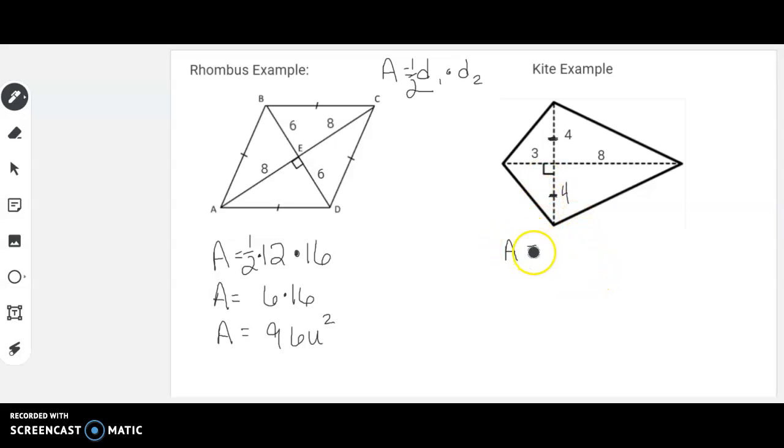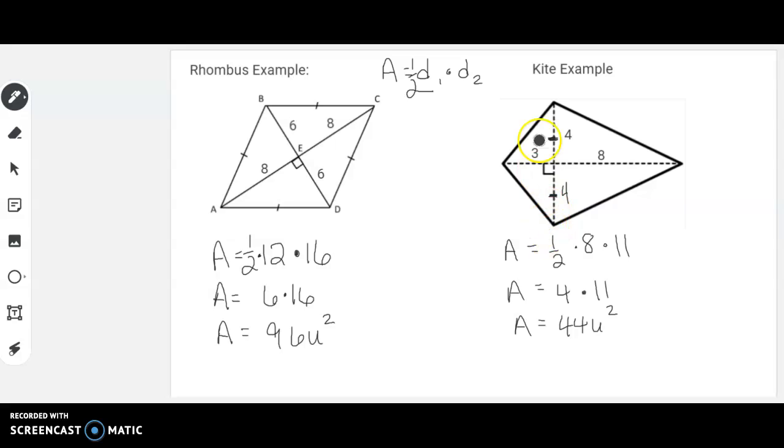That makes my area equal to 1/2 diagonal 1, so that's going to be 8, times diagonal 2, which is going to be 11. Now, since the half and the 8 are even, I'm going to go ahead and multiply those two together. That's going to give me 4 times 11, and then 4 times 11 is 44. So my kite is 44 units squared.